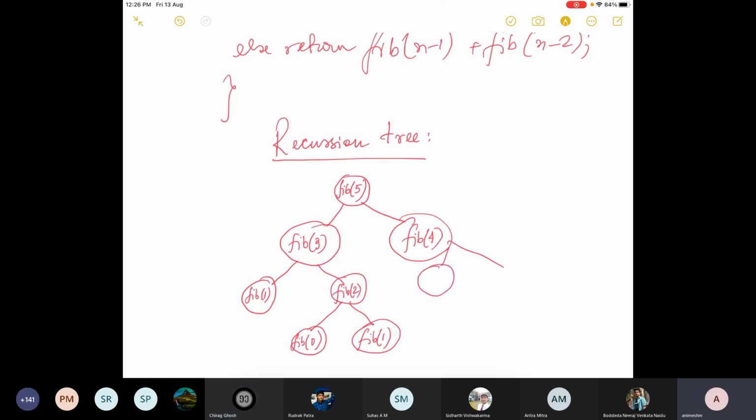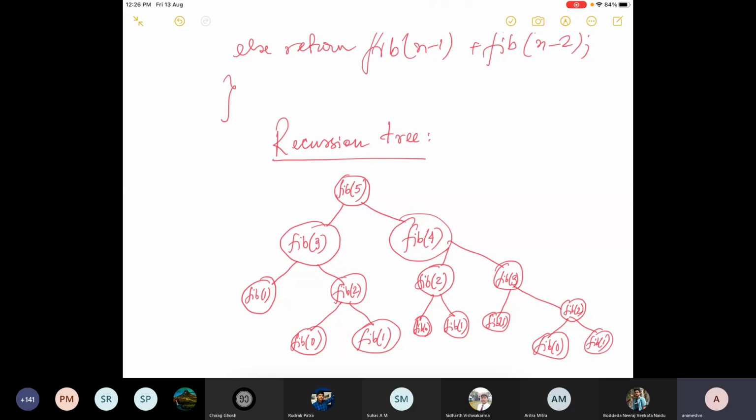Fib4 will initiate fib2 and fib3. Fib2 will initiate fib0 and fib1. Fib3 will initiate fib1 and fib2. And fib2 will initiate fib0 and fib1.